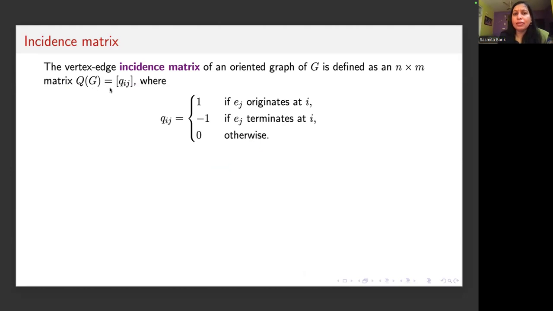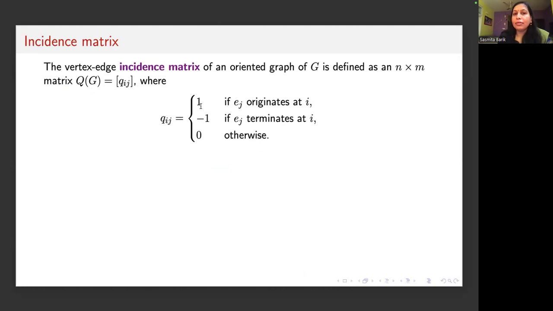So QG, if the graph has n vertices and m edges, then QG will be n cross m. Rows are indexed by the vertices and the columns are indexed by the edges. And this way the matrix is defined.